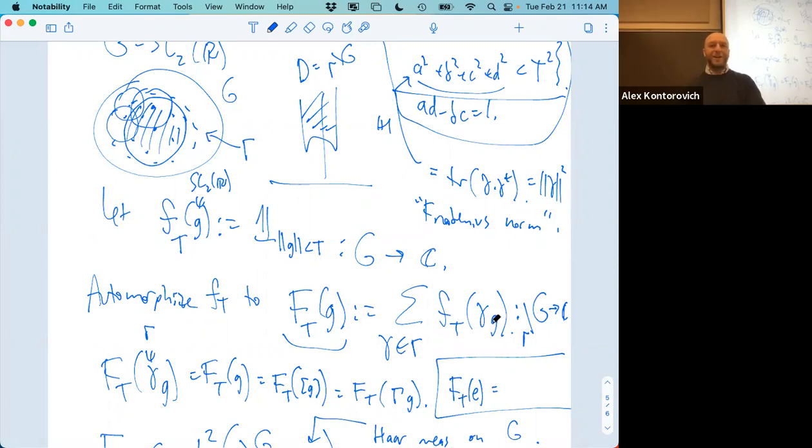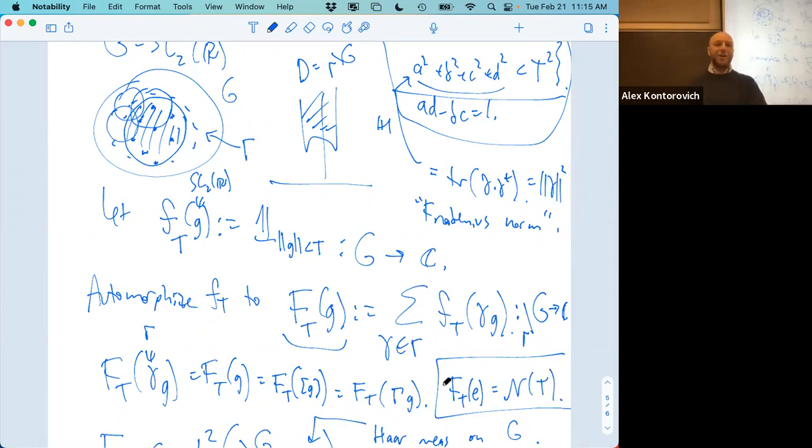If I put the identity here, it's just f_t of gamma. f_t is the indicator function of whether you're in the ball of radius t. So it exactly counts how many of these points are inside the ball. This is exactly our counting problem.